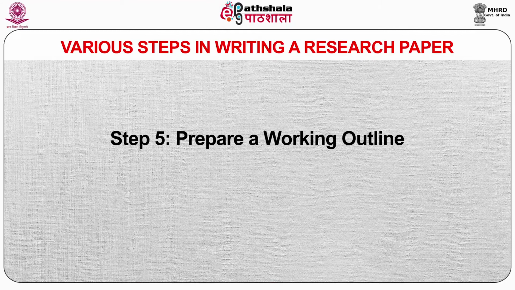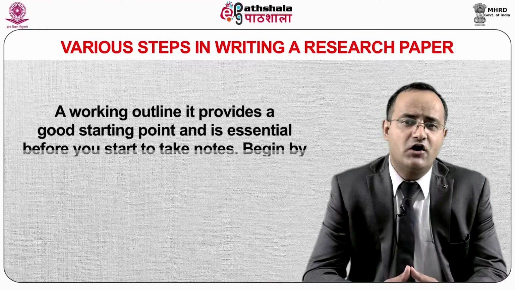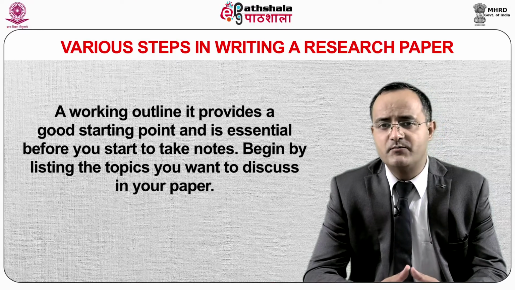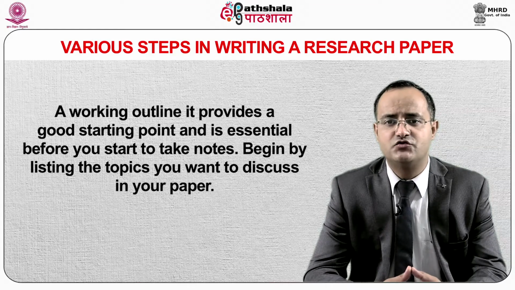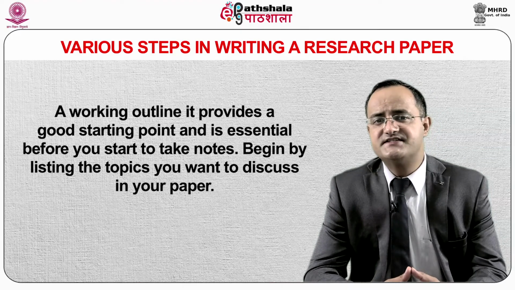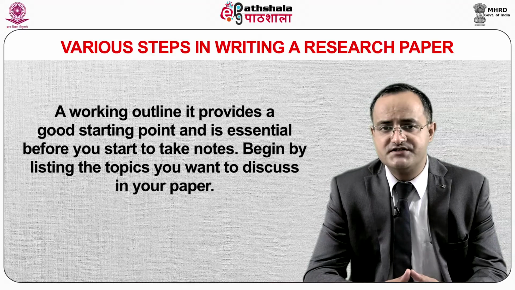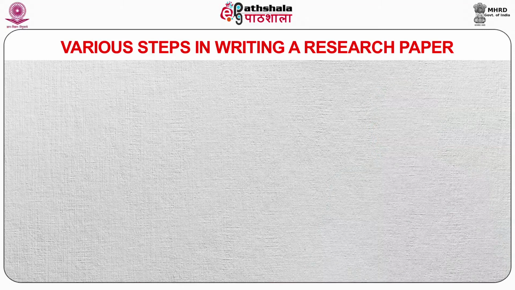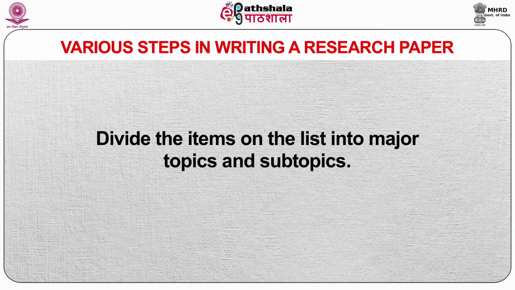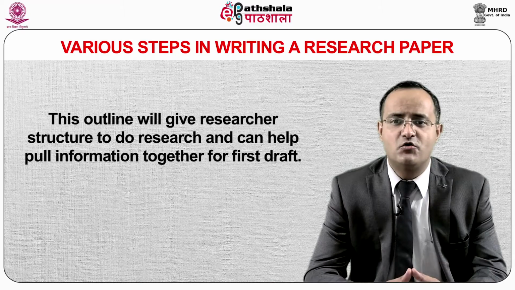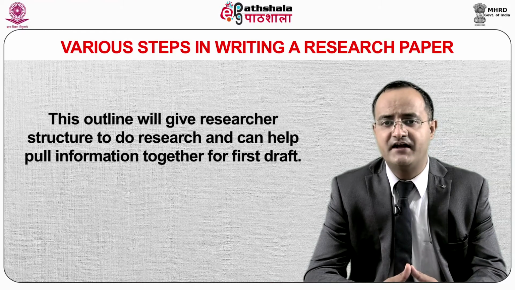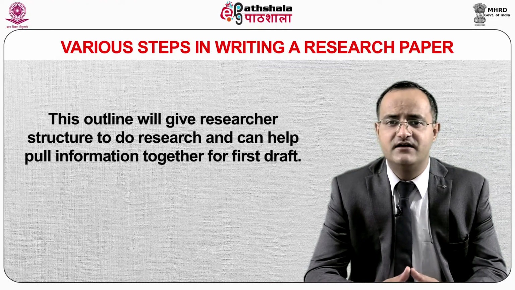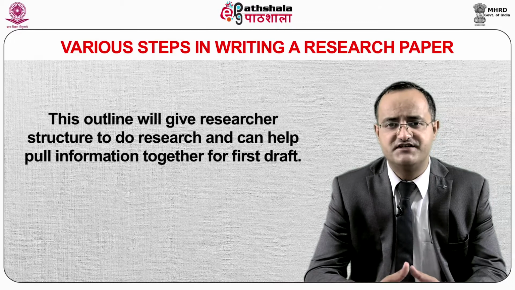After that, the next important step is to prepare a working outline. A working outline provides a good starting point and it is essential before the researcher starts to take notes. Begin by listing the topics the researcher wants to discuss in the research paper. Divide the items on the list into major topics and subtopics. This outline will give the researcher the structure to do research and can help to pull information together for the first draft.